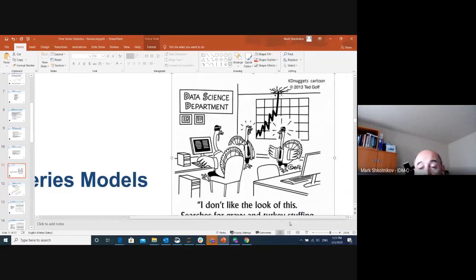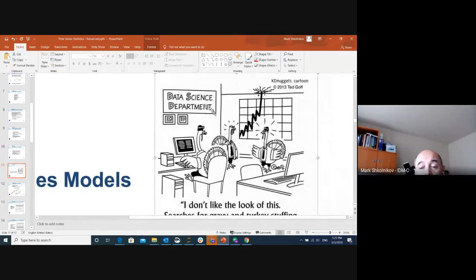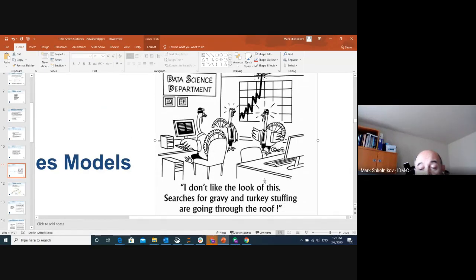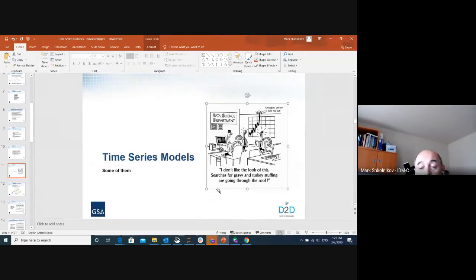So this is a Turkey working in the data science department, and they have realized that the searches for gravy in Turkey and Turkey stuffing are going through the roof. And of course, as they're smart data scientists, they realize this is a potential threat.